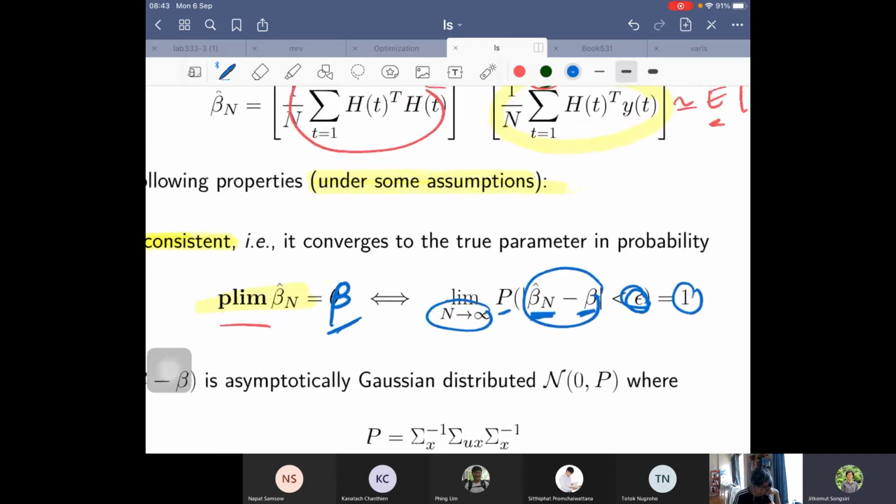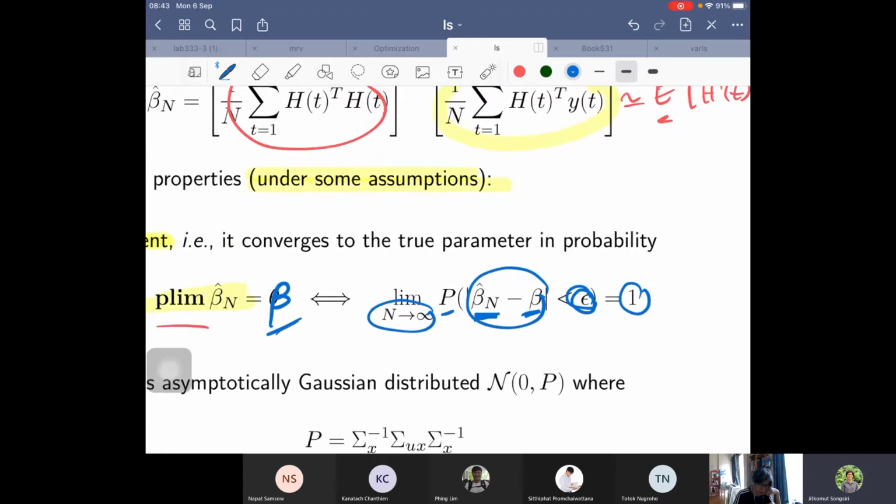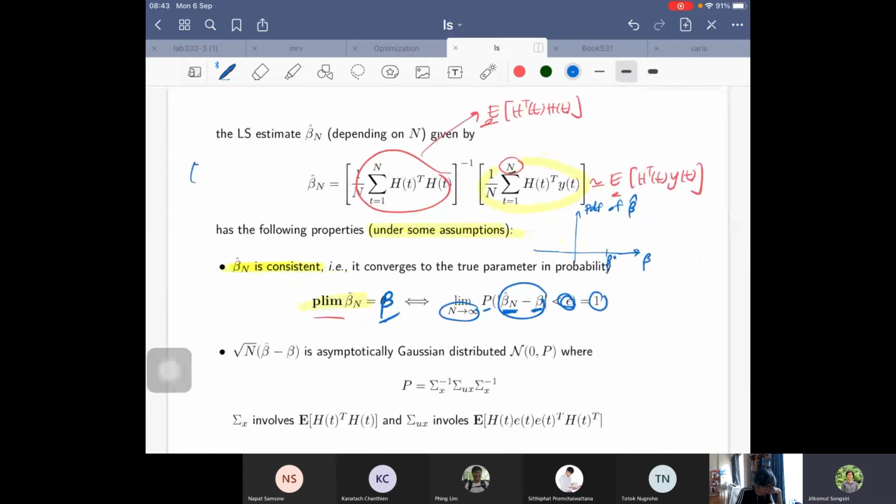Your beta hat, of course, is a random variable, as I mentioned all the time. Your beta hat is a function of y, a function of data.